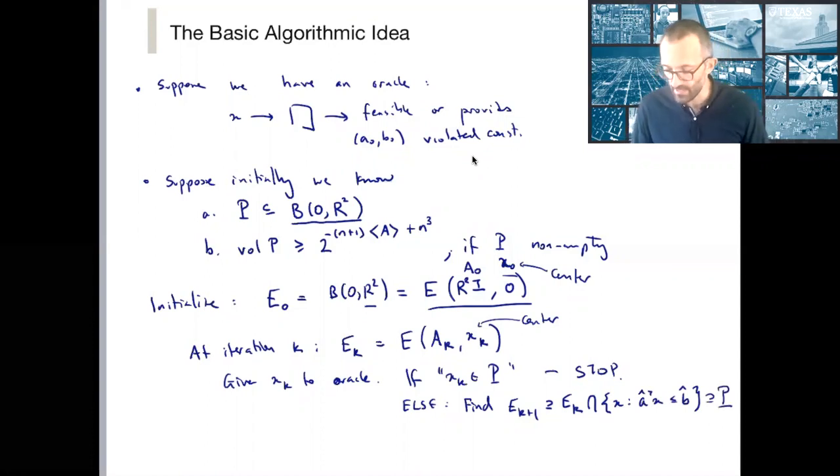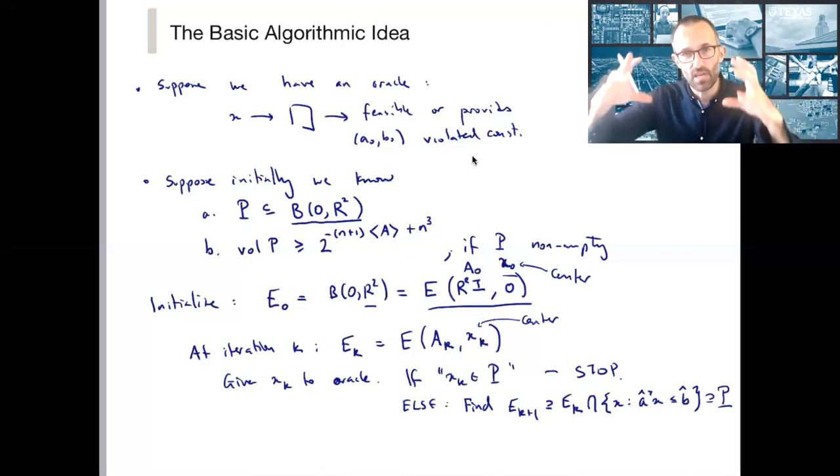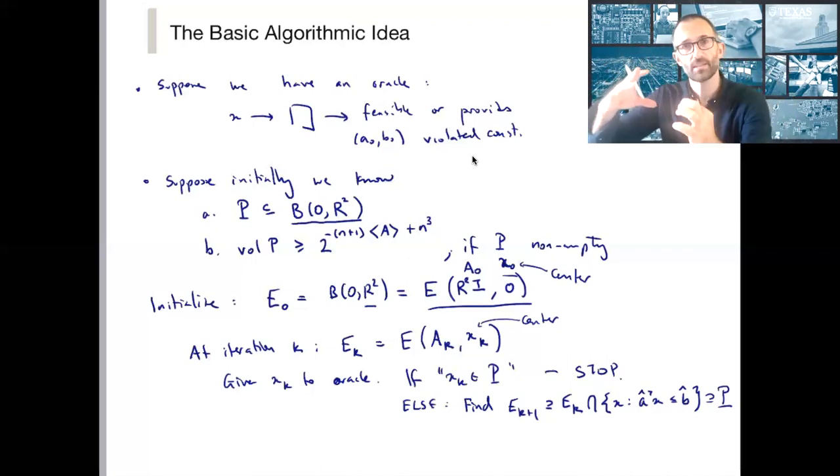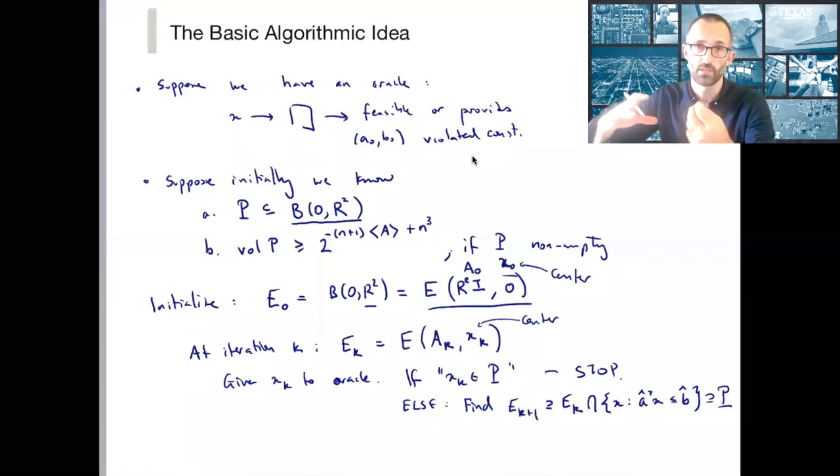Again, let's see why that is. It's because the algorithm, by definition of the algorithm that we're giving so far, or proto-algorithm, or whatever we should call this, creates this set of ellipsoids which at every stage contain P by assumption. We feed the center point to the oracle. If the oracle says you're in P, then we're done.